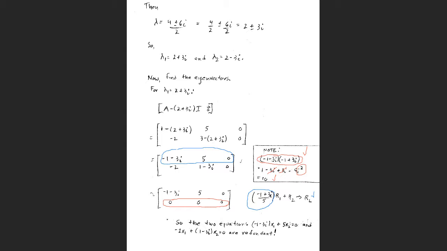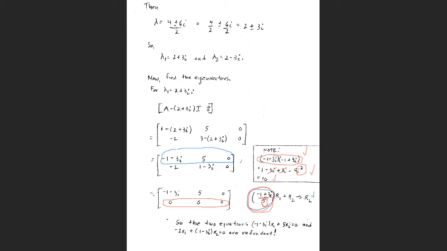So this is like 1 minus 9 times -1. That's going to be 10. And you're dividing that by 5. What I'm trying to say is the scalar you're multiplying the first row by is -1 plus 3i divided by 5.